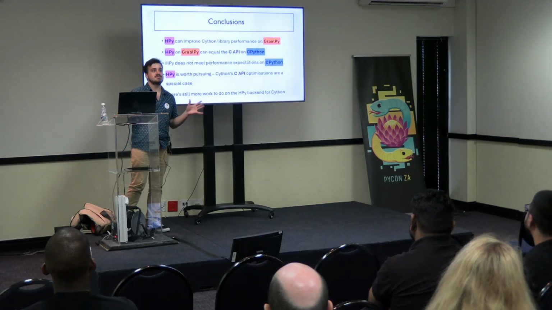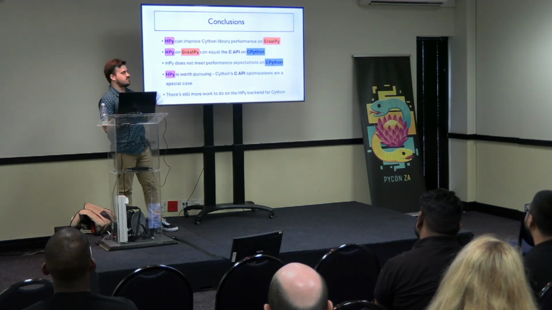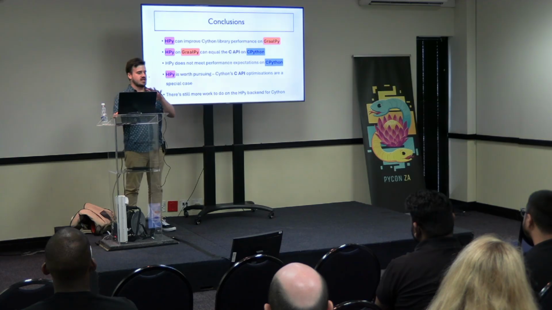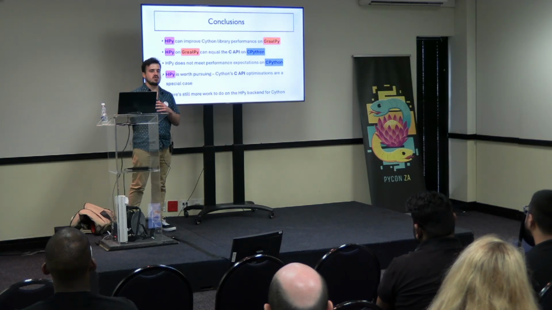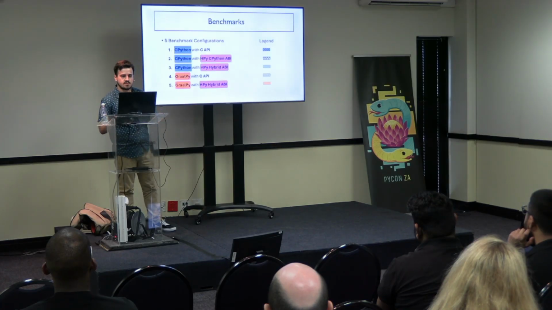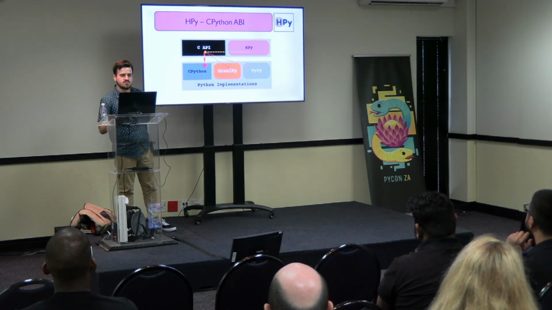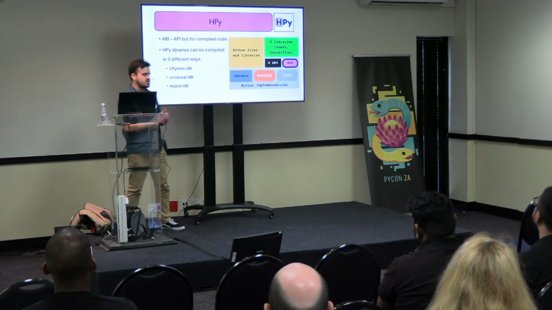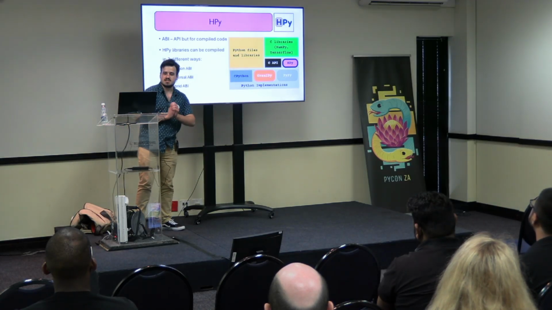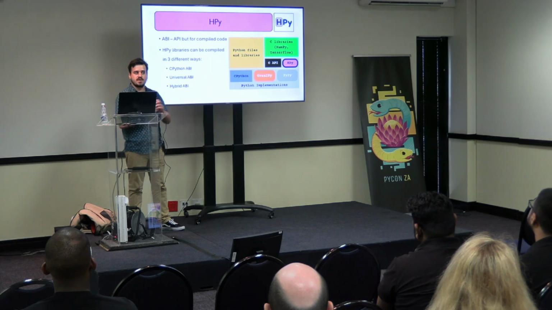HPy is written in C because it's meant for the C API, but that's just the top layer. It depends on what you run it on. If you run it on the CPython ABI, it just turns into C code. Whereas if you run it in universal mode, it depends on the implementation.